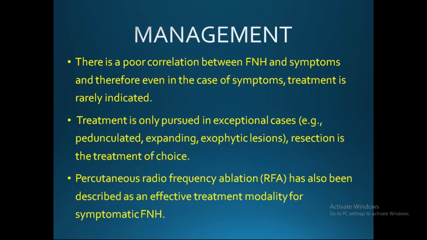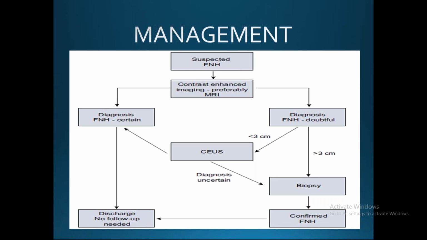The more commonly done, minimally invasive technique is RFA, which is percutaneous radiofrequency ablation. If that fails, then the last resort is always resection. If you suspect FNH, this is the course of management which we should follow.